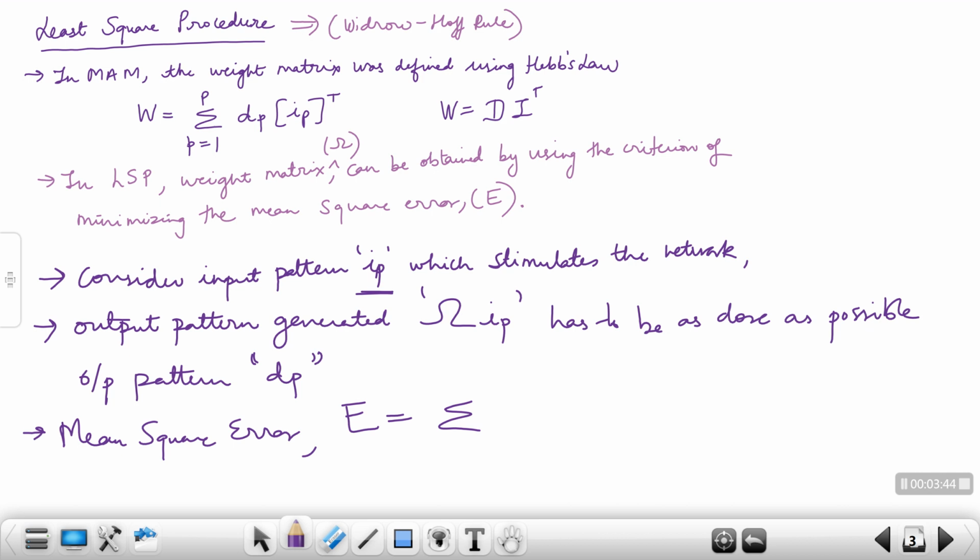I am presenting only one pattern at a time, but while finding the error we need to take into consideration the error present every time a particular pattern is presented. So I take the summation of small p equal to 1 to capital P, and then I take the norm of dP minus omega IP, squared.